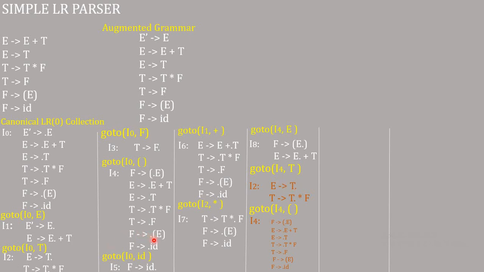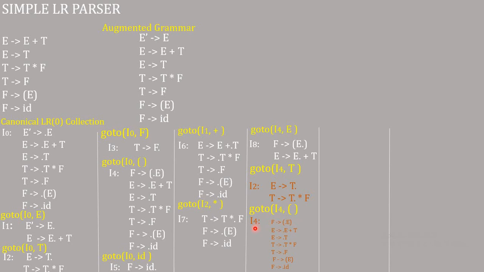We get F tends to open bracket dot E. Since this is a dot followed by a non-terminal, we apply the closure operation, and once we apply it we get all these productions. This item set is not a new item set, it is the same as I4. So when we apply goto of I4 comma open bracket, it results in item set I4.